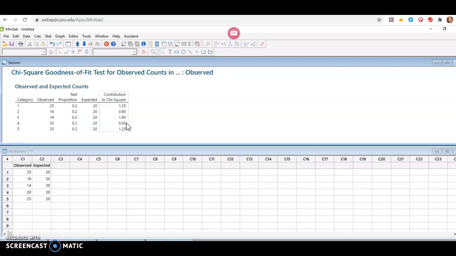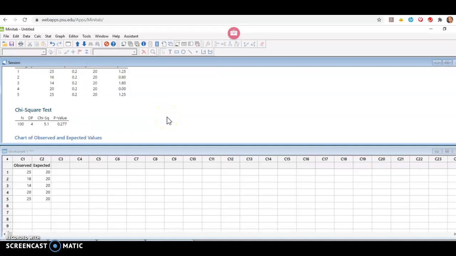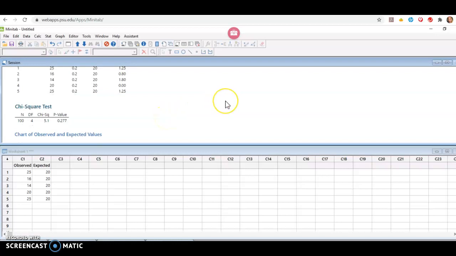And then it shows the same information for all 5 polishes. But if I scroll down, here I have the results of my chi-square test. First, it's telling me that the number of observations that I had was 100. The degrees of freedom for goodness of fit is always the number of categories minus 1. So we had 5 polishes, and 5 minus 1 is 4.